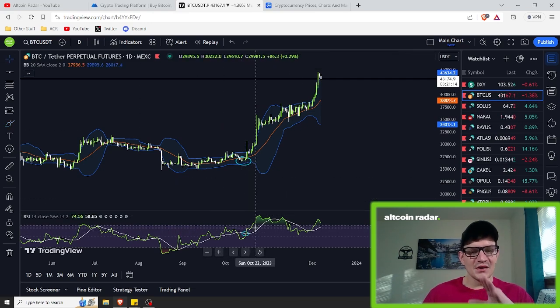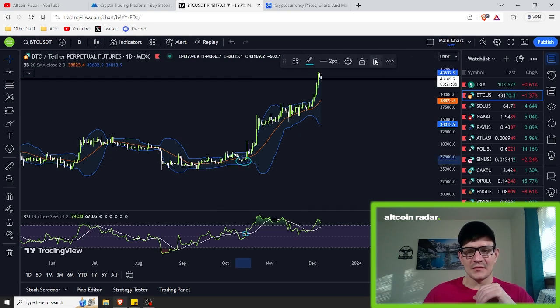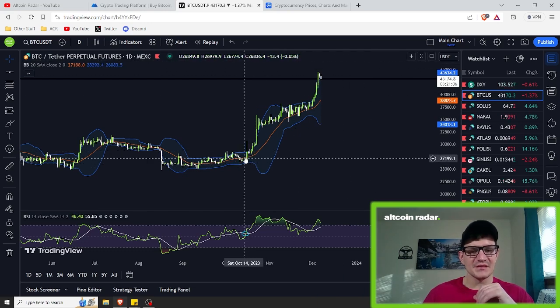And this also shows the same thing right here in the Bollinger Bands as well. You can clearly see price ended up crossing over this middle moving average right here in the center, okay, which is this orange line in the center.